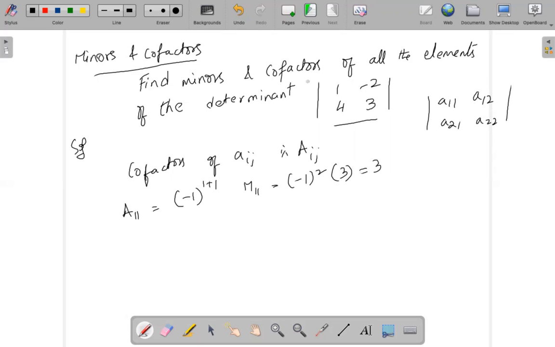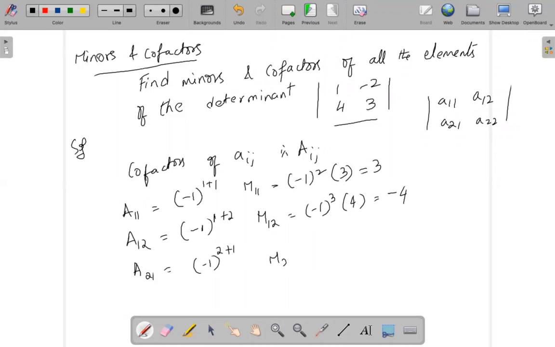A21 is minus 1 to the power 2 plus 1 times M21, so this is minus 1 cubed into minus 2, which is 2.